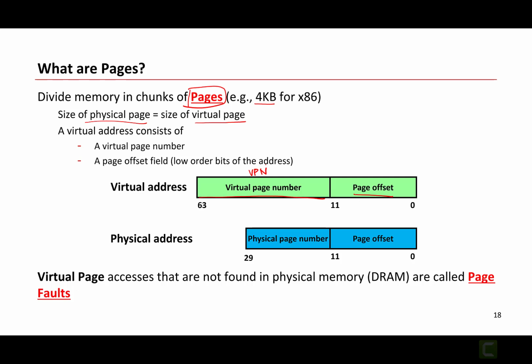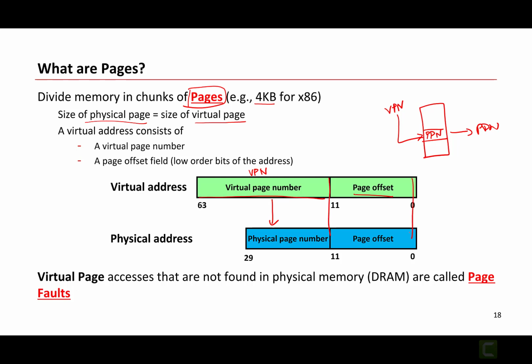And so address translation would have to look up this page table for a given process and say, okay, look up the translation for my VPN, and the page table will have an entry that says the corresponding physical page number is this, and then out comes your physical page number. And then you do the translation, and the page offset would remain exactly the same.